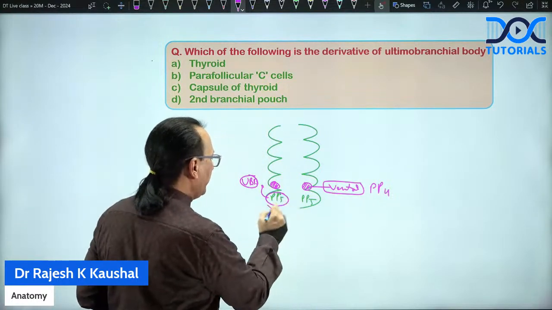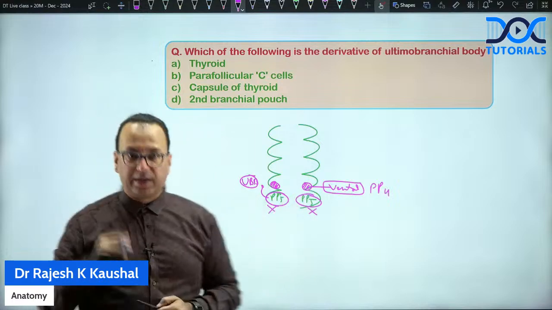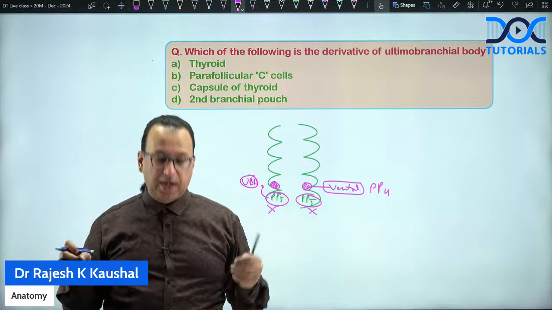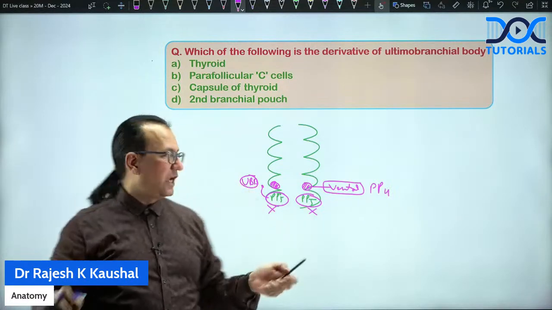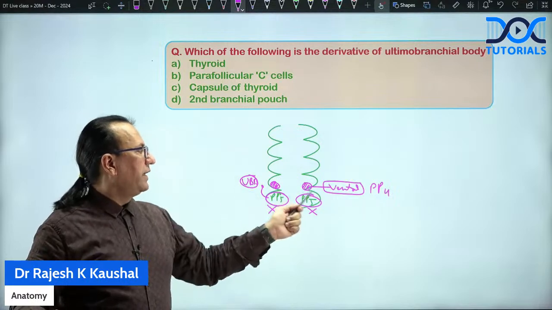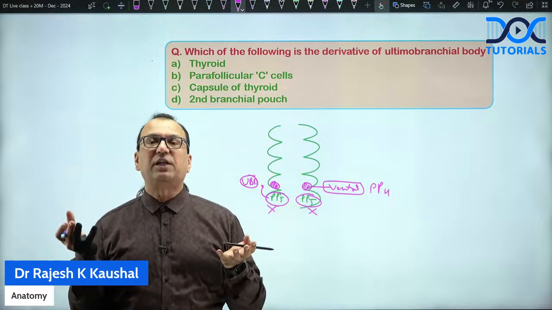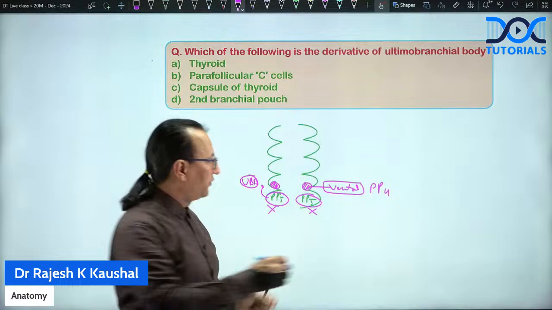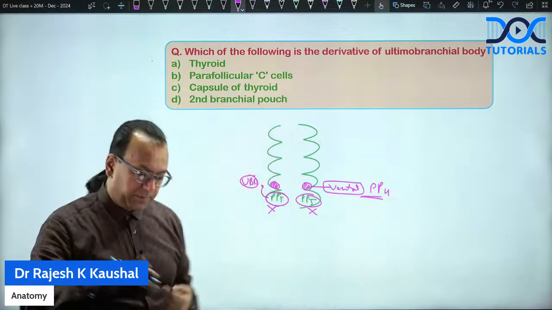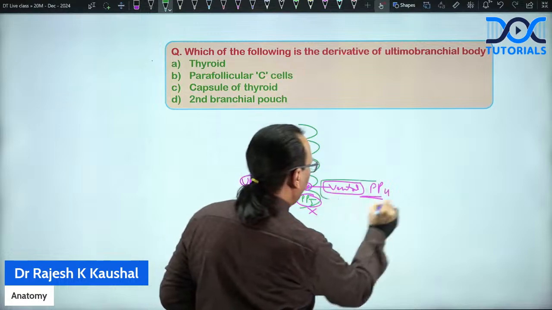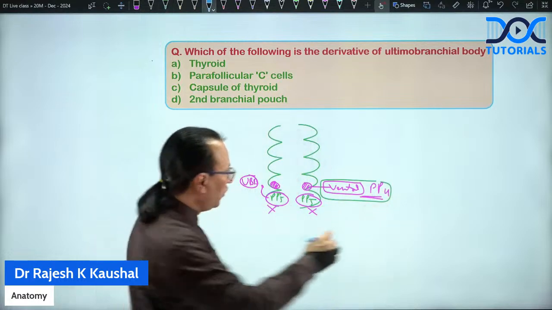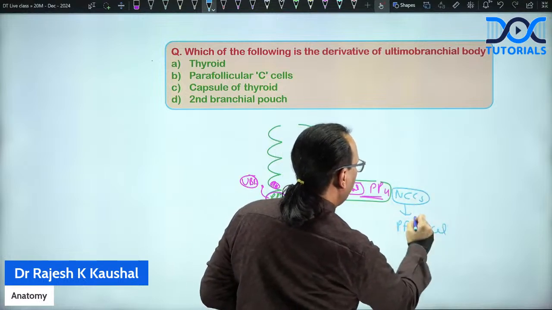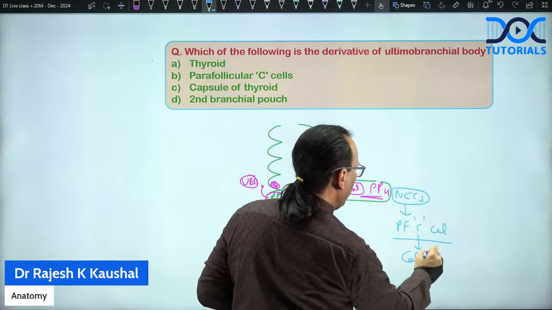Pharyngeal pouch 5 is rudimentary, and the remnant is ultimobranchial body. Ultimobranchial body then attaches to the ventral aspect of pharyngeal pouch 4, and it will be populated by neural crest cells. Those neural crest cells will change into parafollicular C cells, and they will give the C hormone, that is the calcitonin hormone.